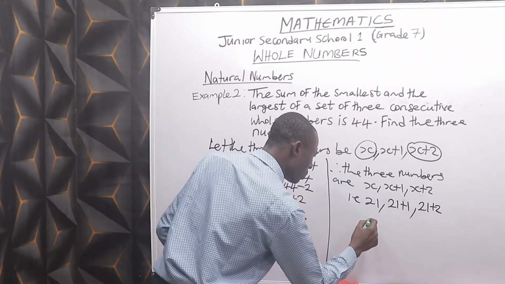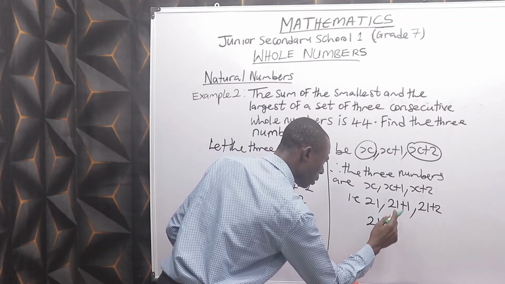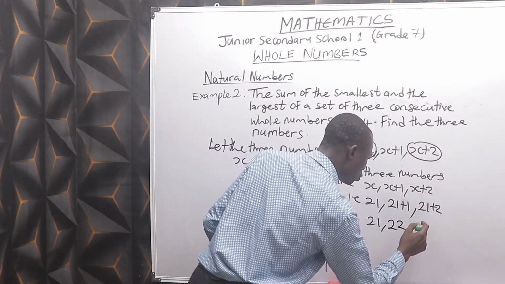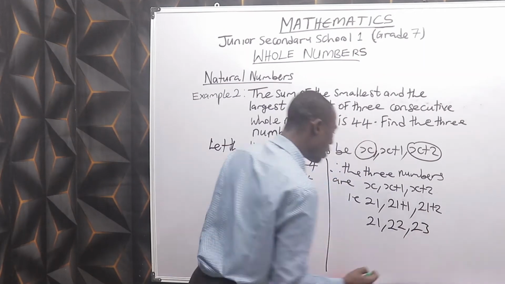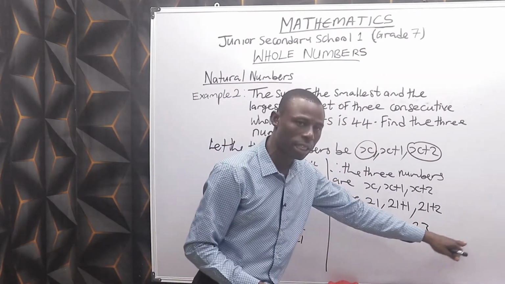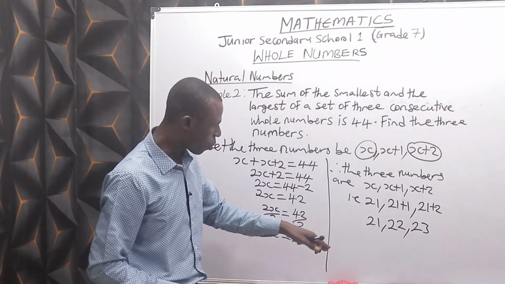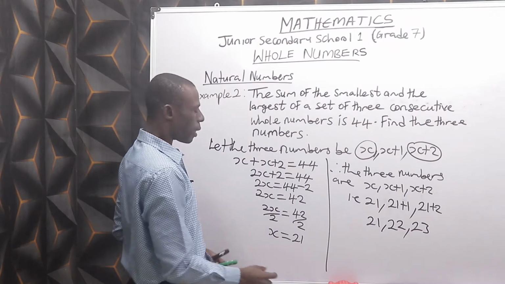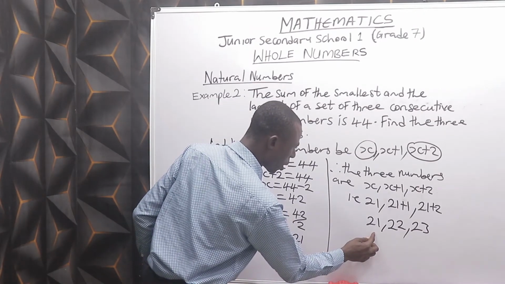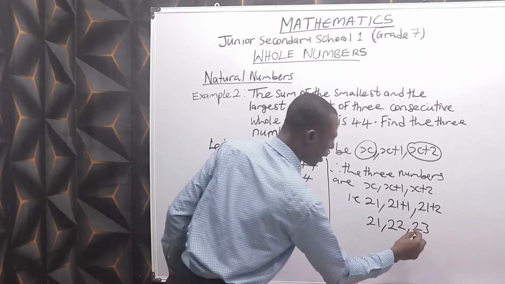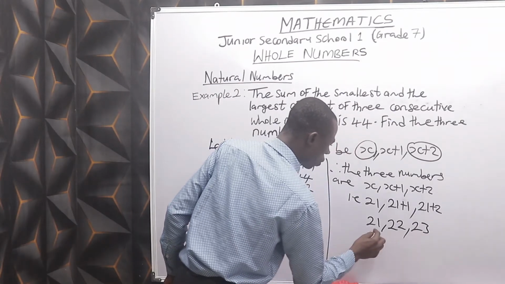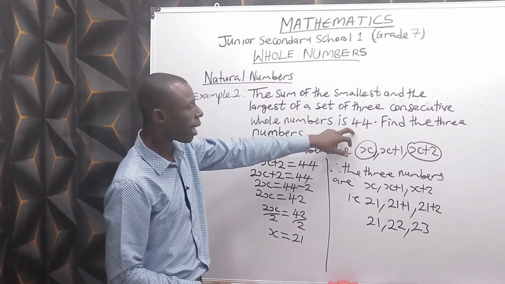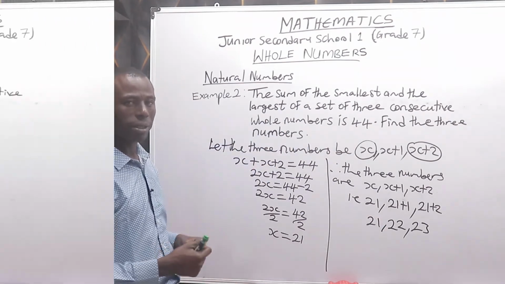And finally, 21 plus 1 is 22, 21 plus 2 is 23. You can see the three consecutive whole numbers now. They are 21, 22, and 23. And truly, if you add the smallest, which is 21, to the largest, which is 23, 21 plus 23 gives us 44, which is in line with what the question carries.